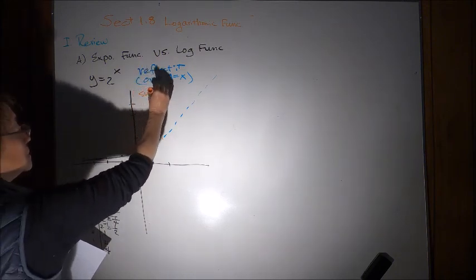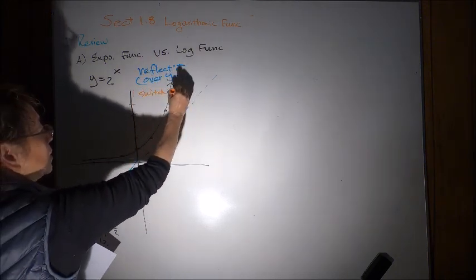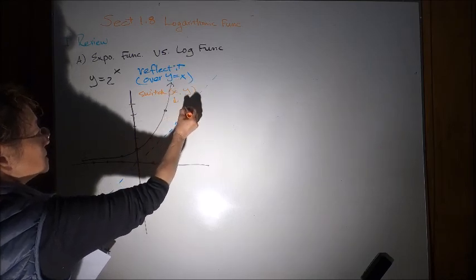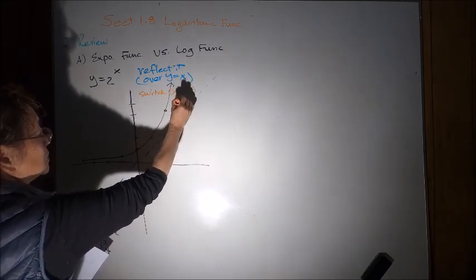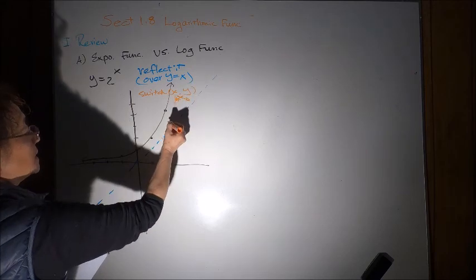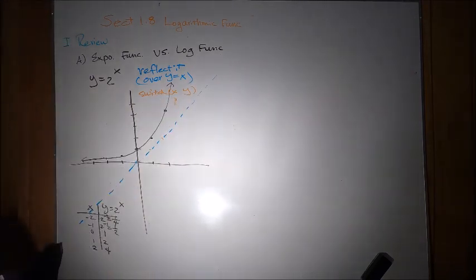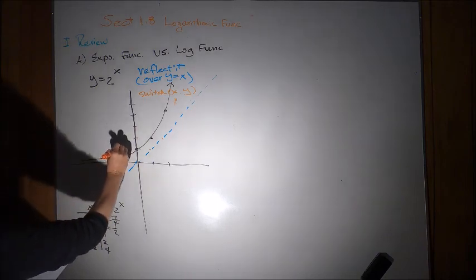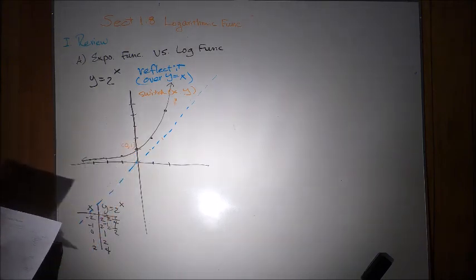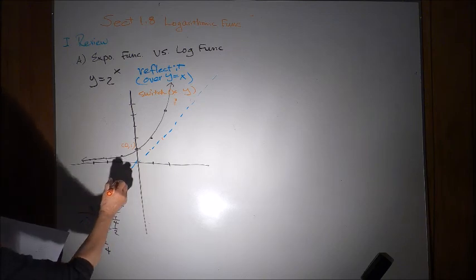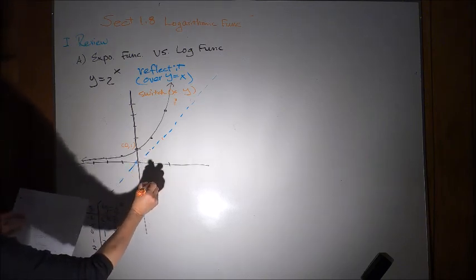Switch x and y, right? That means you do y becomes here, x becomes there. So this one is 0, 1. Switch them and it will be 1, 0.